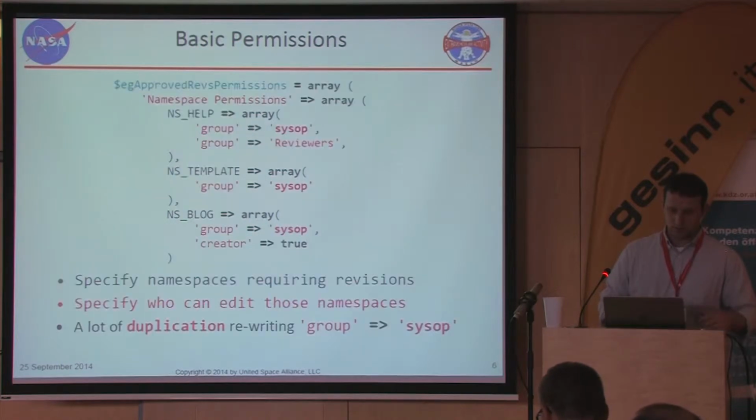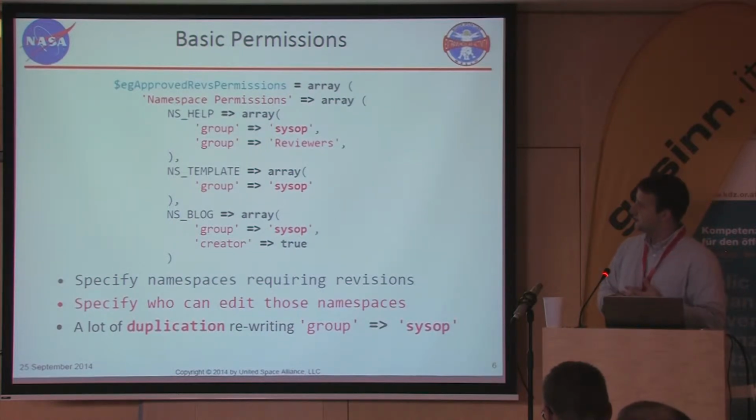Going a little bit more complex than that, this might be another way you might set up your wiki. You've got these 3 namespaces that are approvable. The top one, the help namespace, is approvable by administrators, and also this group that I made up called reviewers.